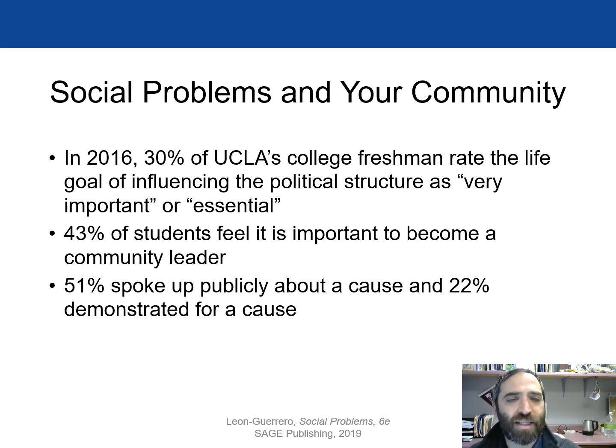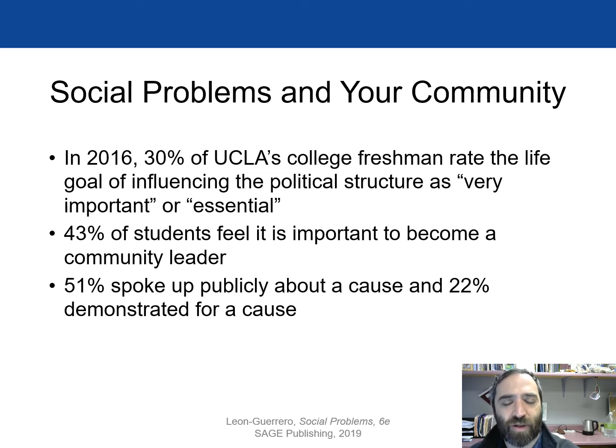In 2016, 30% of UCLA college freshmen, UCLA is the University of California, Los Angeles, it's a pretty famous university, and so 30% of their college freshmen said that they wanted to influence the political structure.